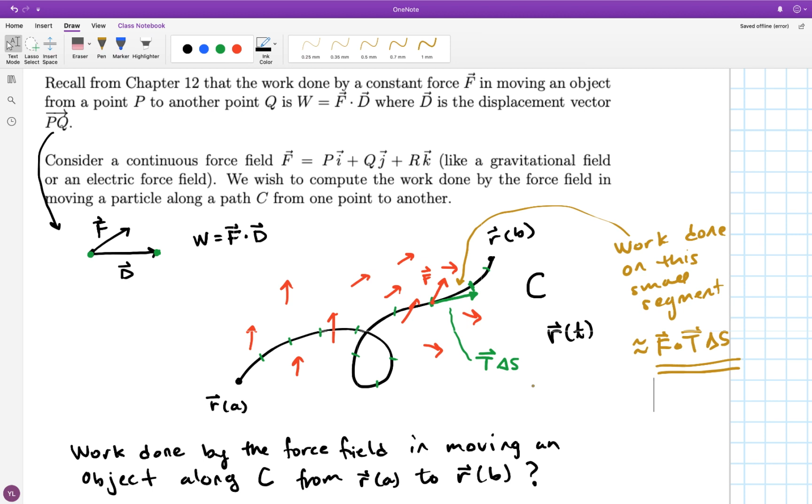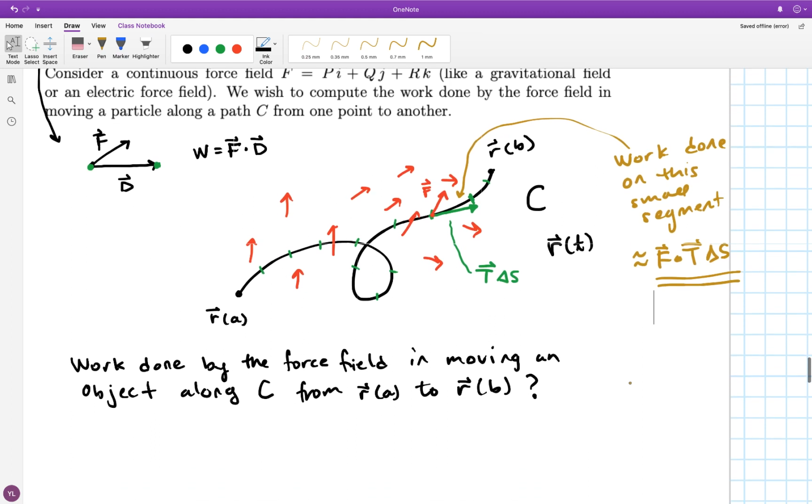So it may be no surprise that this exact expression appears in the integrand of our line integral. So what we have here should look something like this. We're running along the curve, so we're taking a line integral along the curve, and we're computing F dot T, and then in the integral, the delta s becomes ds.